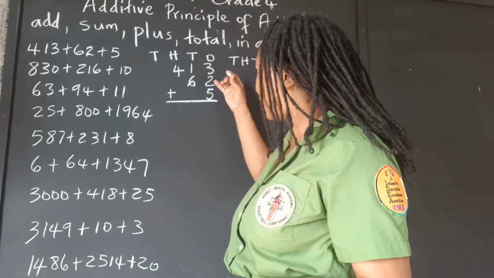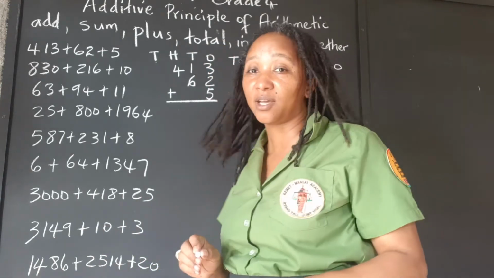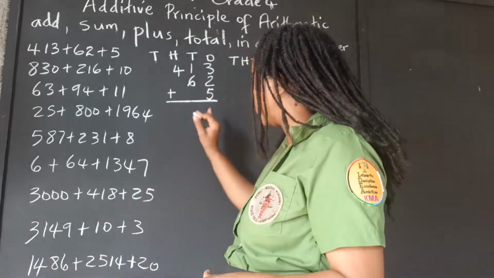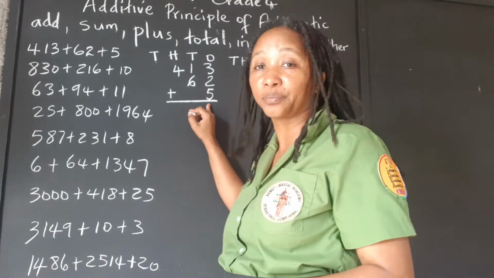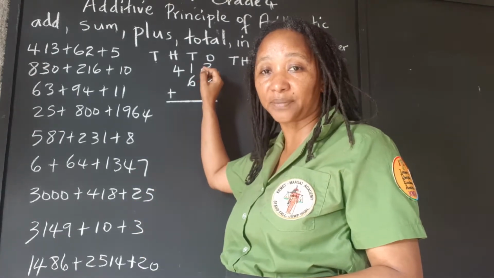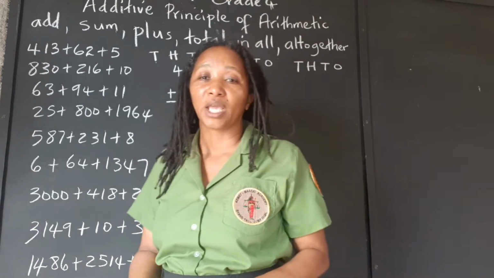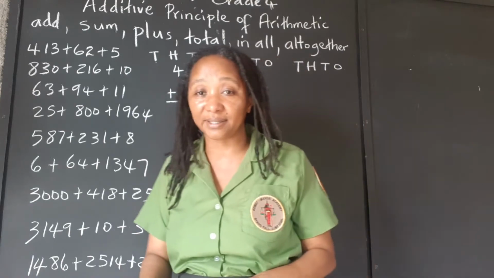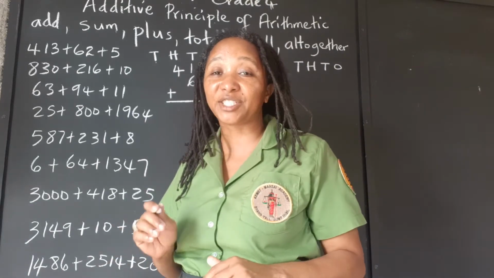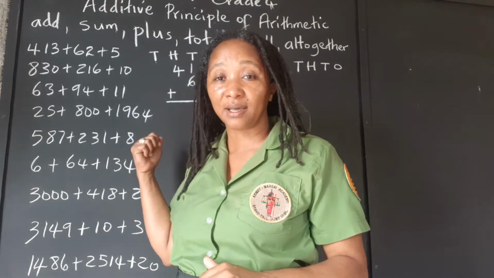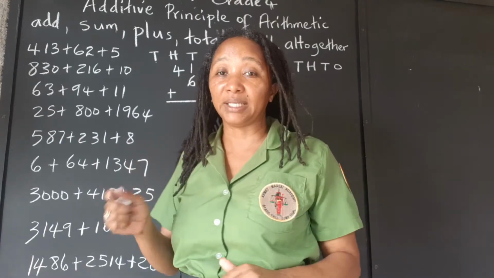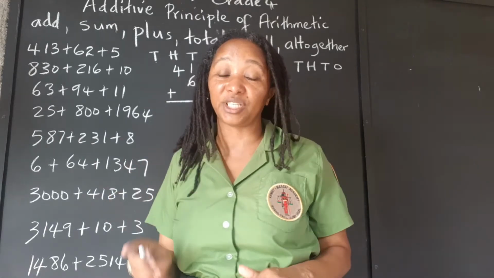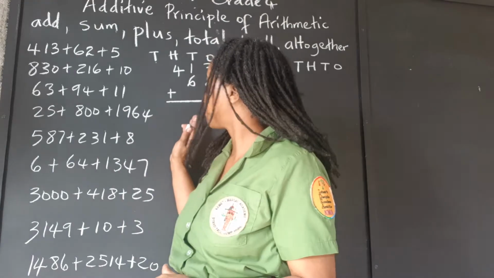3 plus 2 is 5, plus 5 is 10. So that's one group of 10. We cannot put down the 10 under the ones place. Remember, in our system, the decimal system or the base 10 system, the highest digit you can write in a column is a 9. That's the biggest digit that can go in any column.